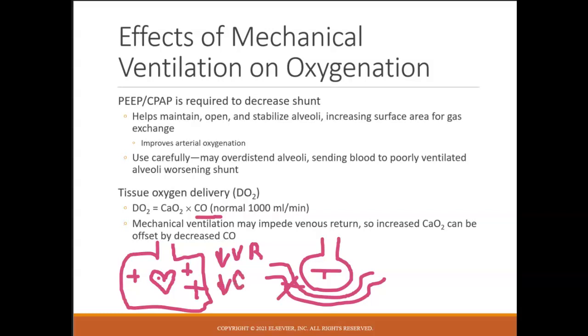So simply by putting my patient on a mechanical ventilator, I am having a negative impact on their tissue oxygen delivery because of my effects on cardiac output, so I might need to increase my carrying capacity of oxygen to help balance that out.